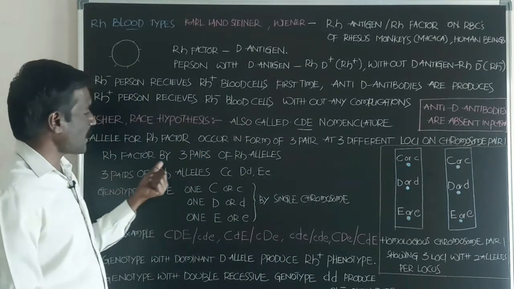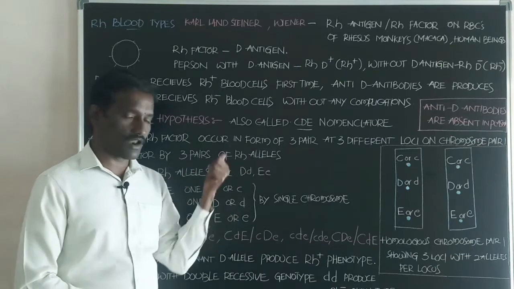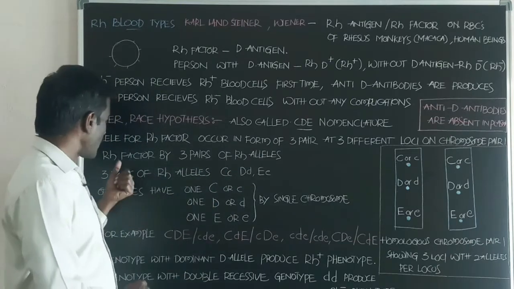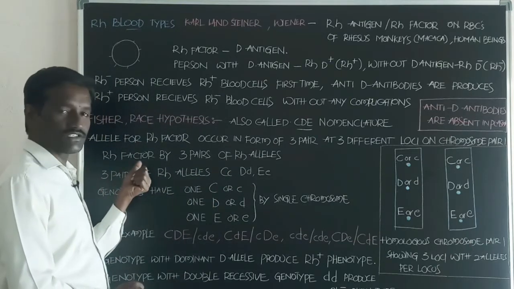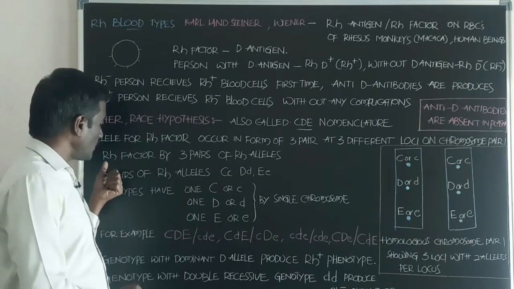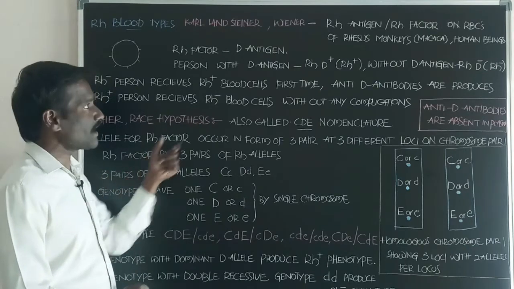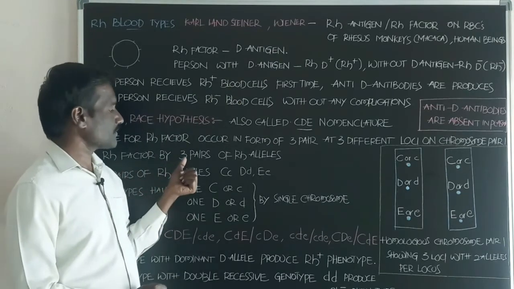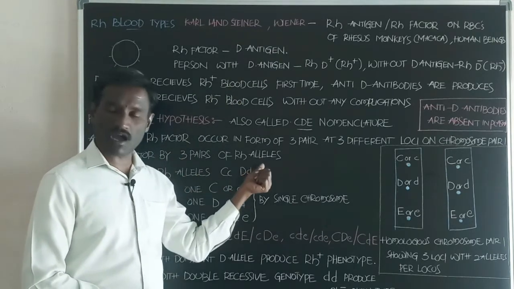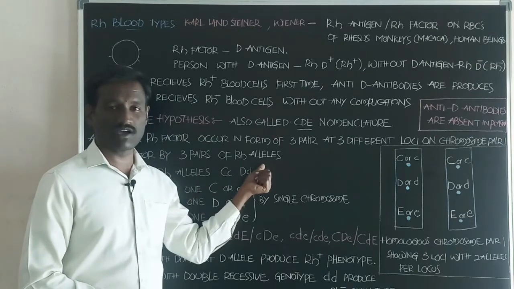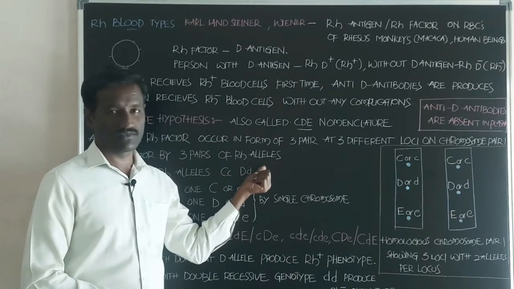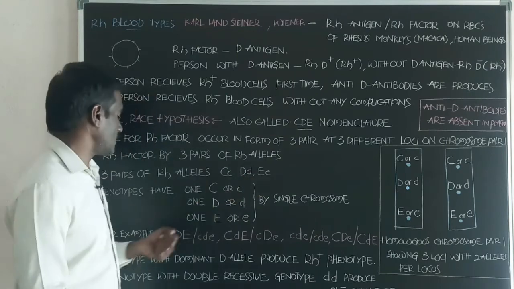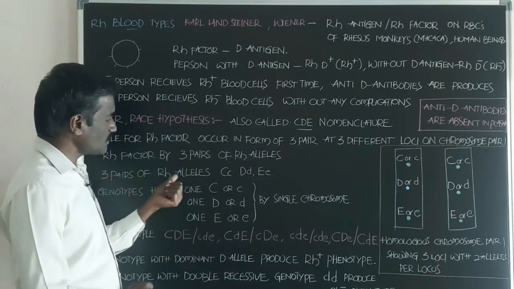Okay, the Rh factor is determined by three pairs of Rh alleles. The presence of the Rh factor, showing the phenotypic character like the Rh antigen, is determined by three pairs of Rh alleles.